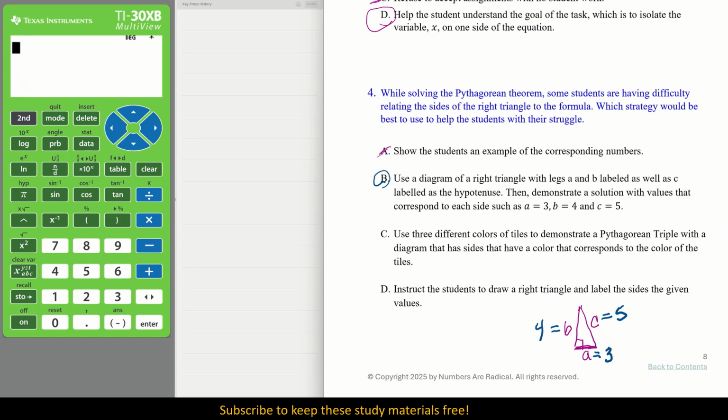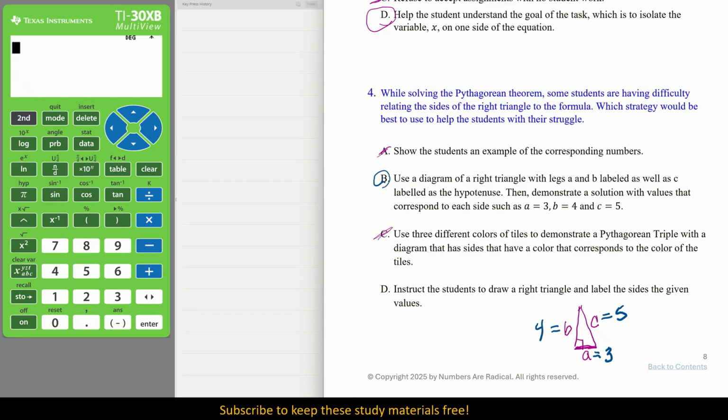You wouldn't be at this juncture where they say they're having trouble with the sides and the formula. This would be after you did an activity like that. So that activity isn't going to help you with your conundrum right now. What it's going to do is be an aid for those students who just had trouble getting started. So I don't think that's the best answer, the best thing to do.